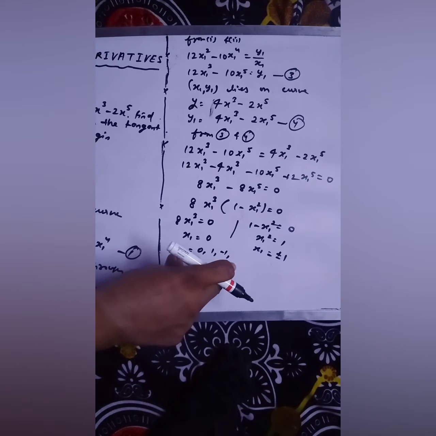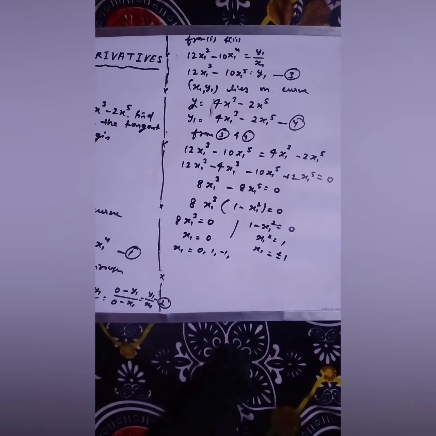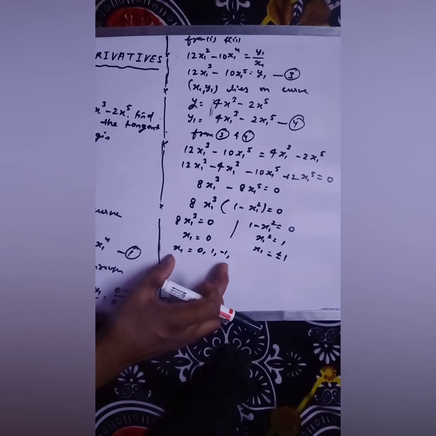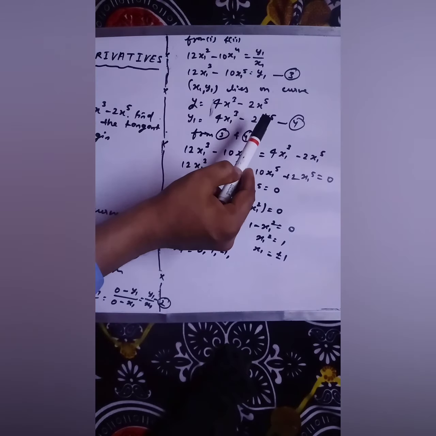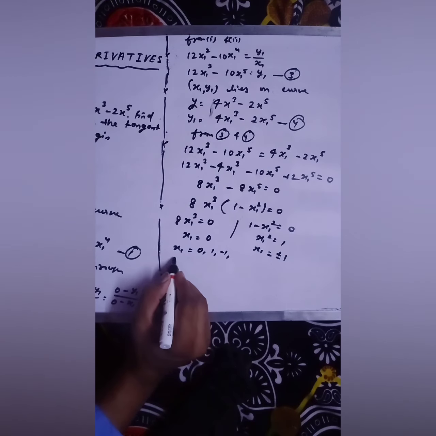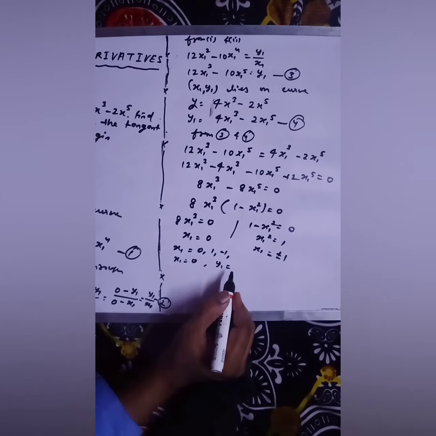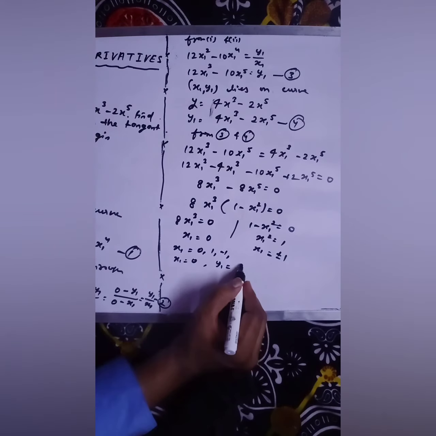And these values you can put in equation number 4. So here you will get y1. So when your x1 is equal to 0, your y1 will be 0.